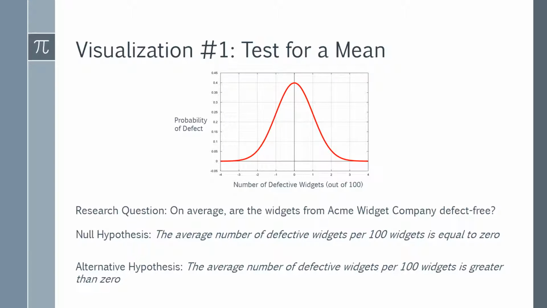So for one defect per 100, we're looking at about 25% probability down to 0% for 4 defects. Based on the information provided, it looks like there is a probability that we do have defects per 100 widgets. Therefore, we would have to reject the null hypothesis in this case.